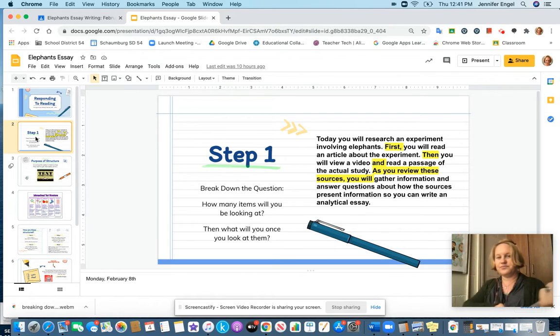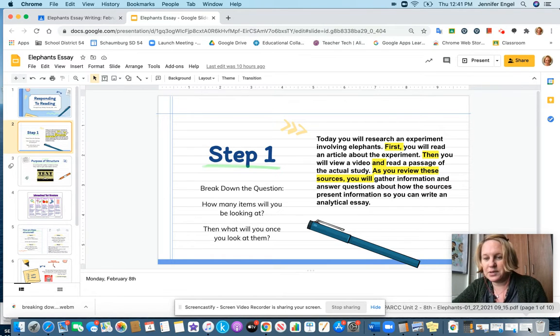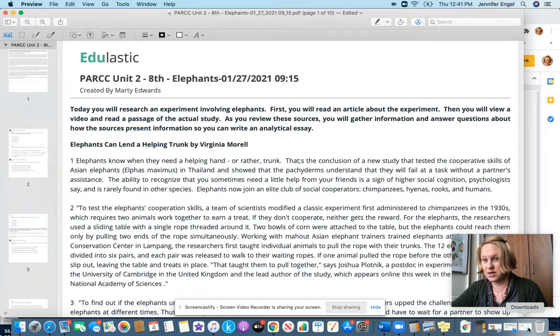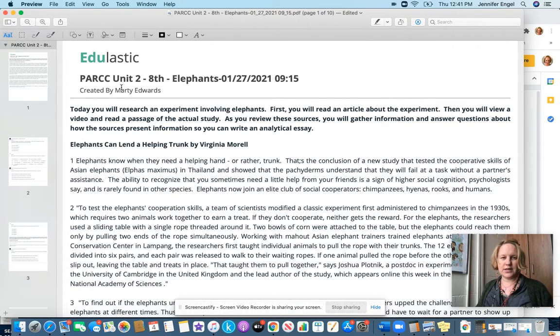All right? Okay. So let's start looking at the text. I'm going to pull it up here. All right, here's the first article. This is a PARCC or an IAR practice test. Again, you're going to see the exact same wording that was on the PowerPoint yesterday. You're going to do some research involving elephants.